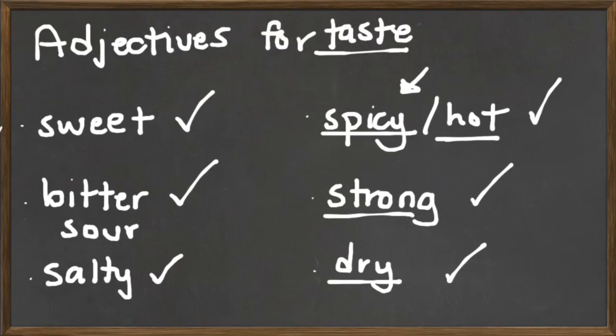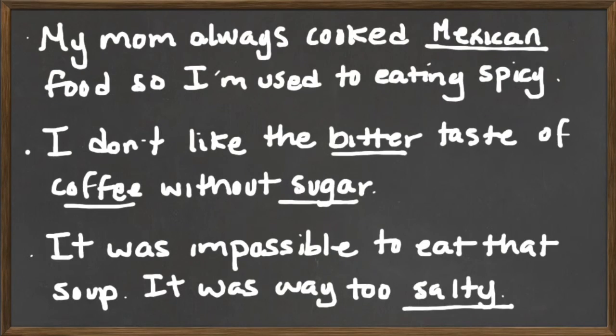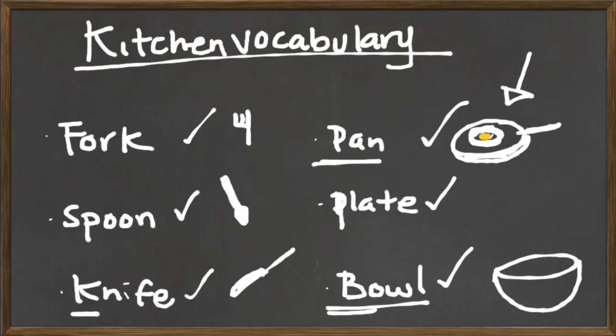Adjectives for taste: sweet, bitter or sour, salty, spicy or hot, strong and dry. However, there are more. You can ask your teacher in class whenever you need to. We went over some examples here. We talked about fork, spoon, knife, pan, plate, and bowl. I hope that these drawings didn't affect your understanding, because they are not perfect at all.